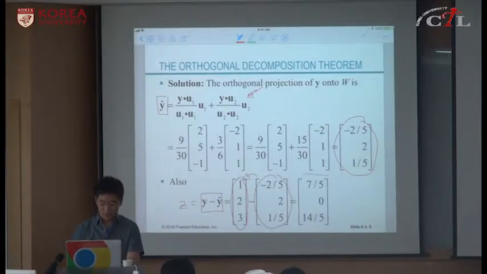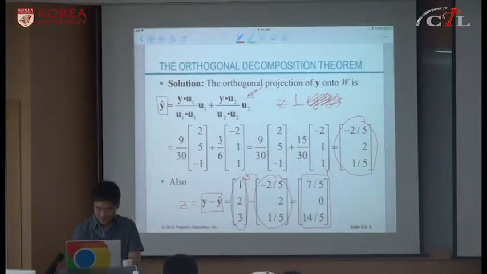Okay, so this is z, and this z should be perpendicular to what? y minus y hat, right? Yeah, z itself is y minus y hat.